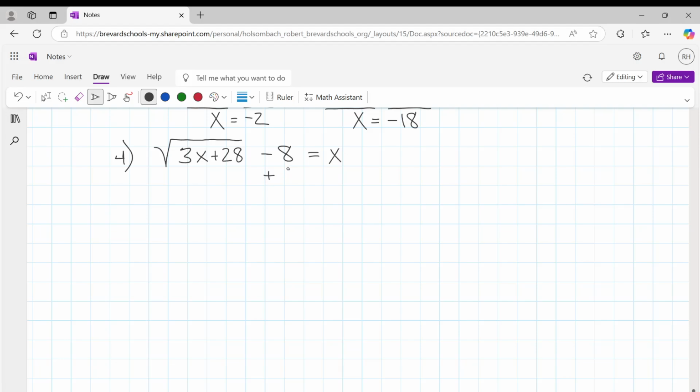So we're going to add 8 to each side. We're going to get the square root of 3x plus 28 equal to x plus 8. We've got to get rid of this radical, so we're going to square both sides.